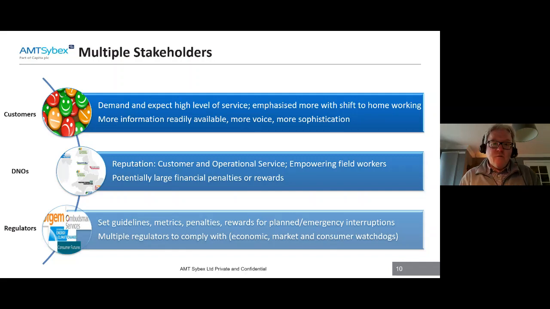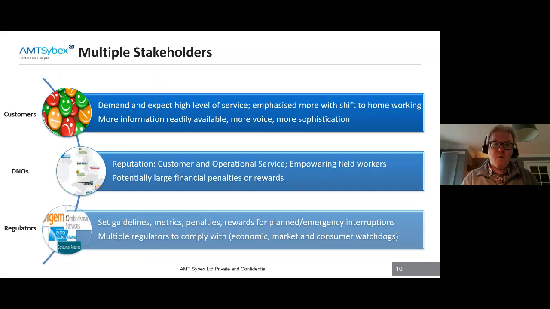From the DNO's point of view, they have a reputation to maintain. It's a deregulated market, so customers have an ability to switch operators. So it's very important for DNOs to retain a very strong customer service reputation. The DNOs need to have the ability to empower their field workers to reduce those interruptions to the very bare minimum.